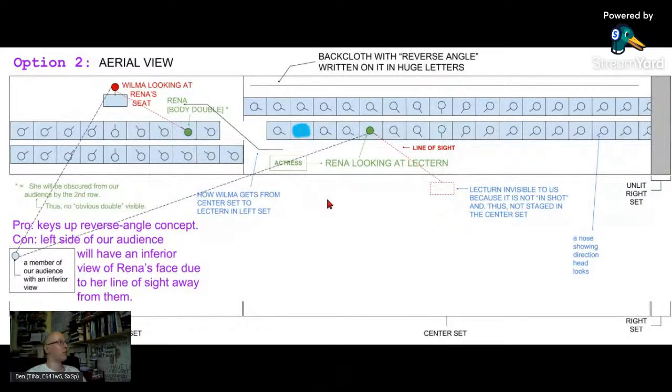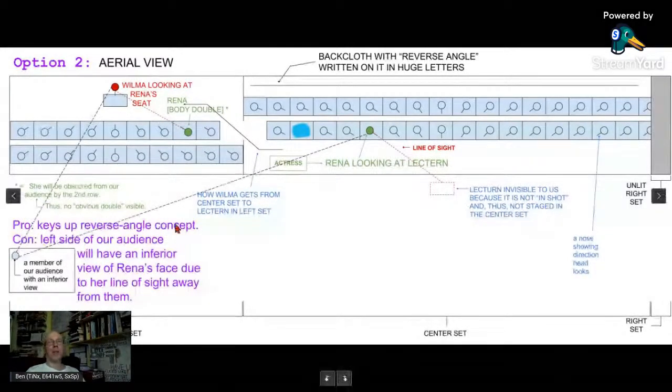Now, this keys up with the eyeline thing. They're saying that one should look left and the other should look right. But let's look at here. Wilma, and if Rena's there and she's talking to Rena, she has to look to her left. And if Rena is there, looking there, she also has to look to her left.